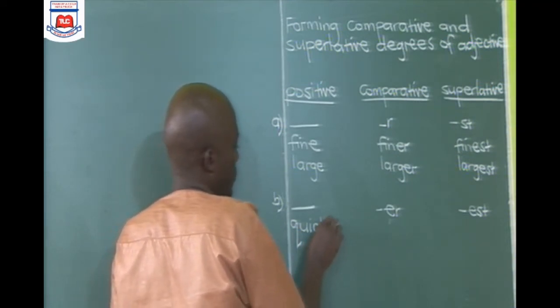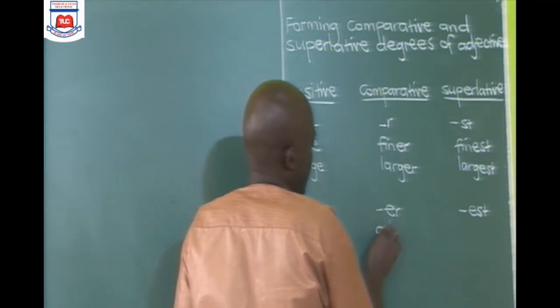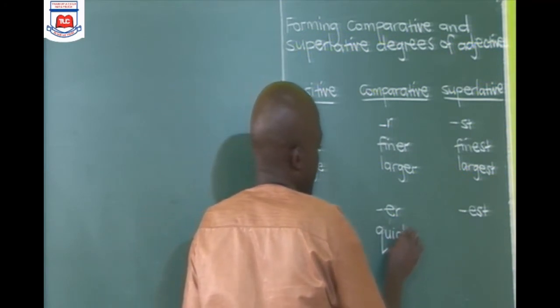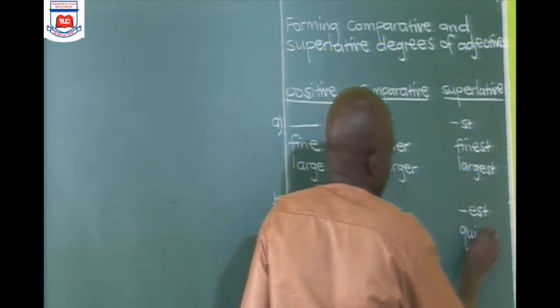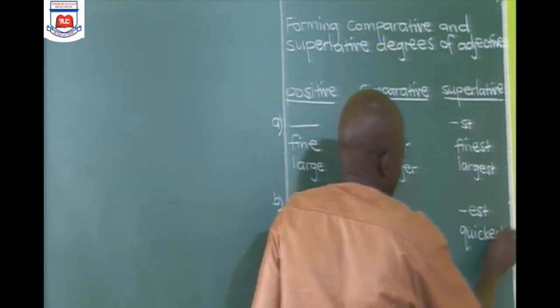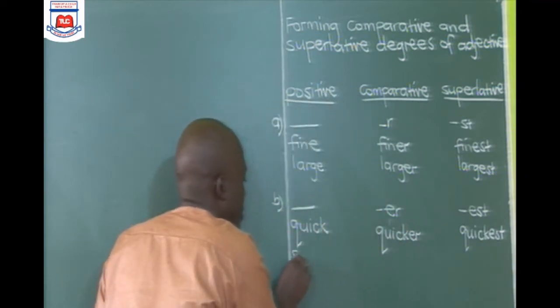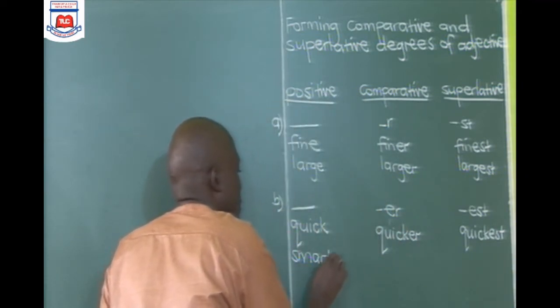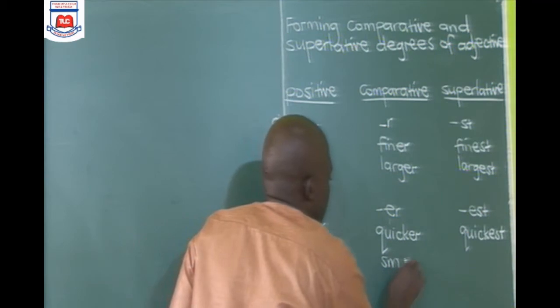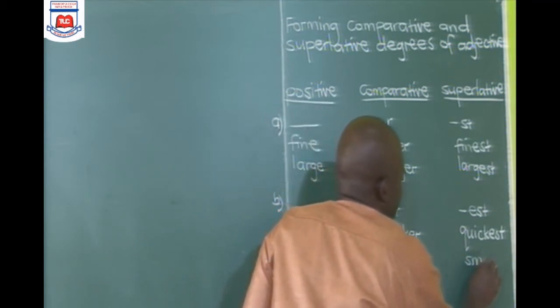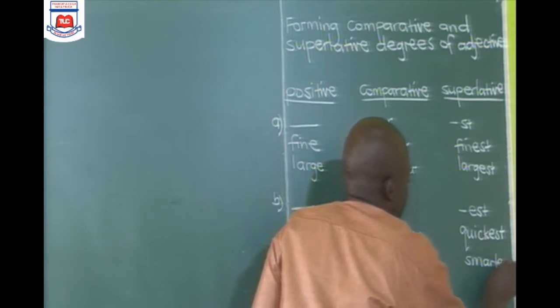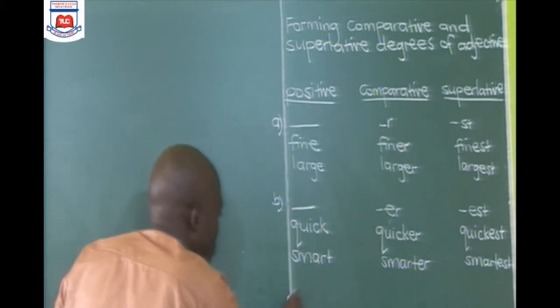Adjectives like quick, then quicker, then quickest. We can also have smart, which becomes smarter, and on the other side smartest.